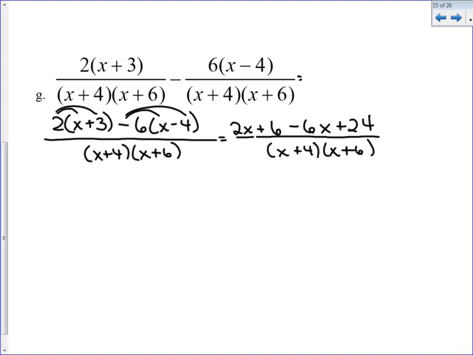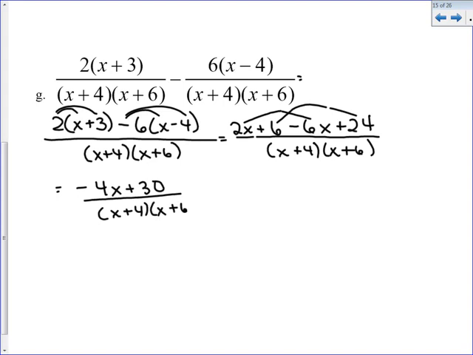What do I want to try to do next? I'm not going to factor it quite yet. Combine. Make sure that numerator is as combined as possible before you kick into factoring. So I can combine my x's and I can combine my numbers. So I'm looking at negative 4x plus 30 over x plus 4, x plus 6.